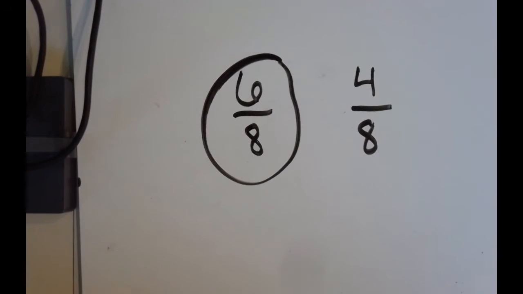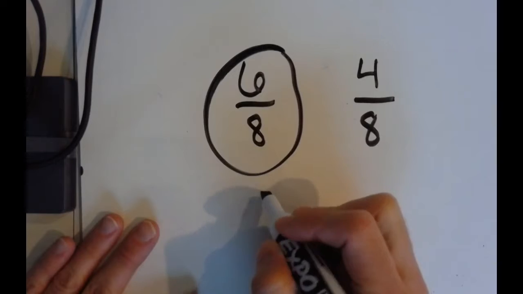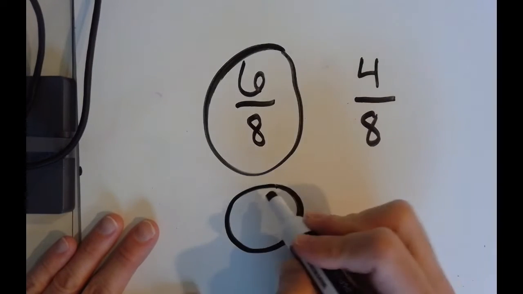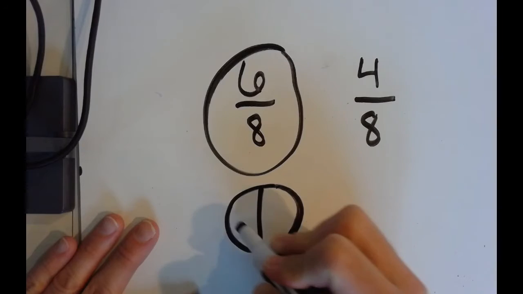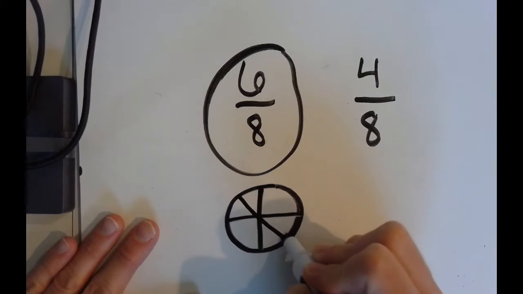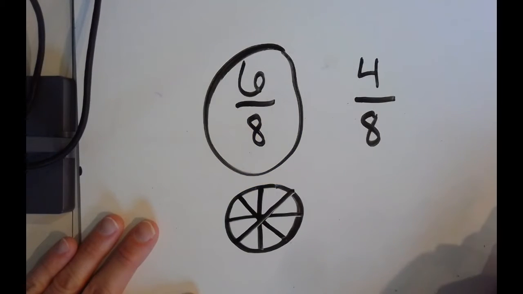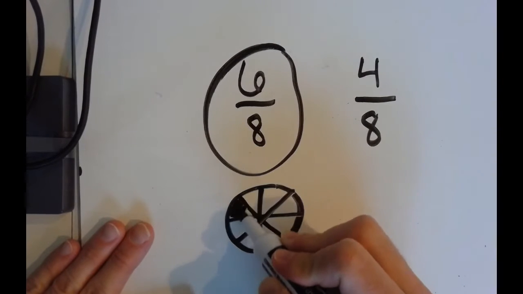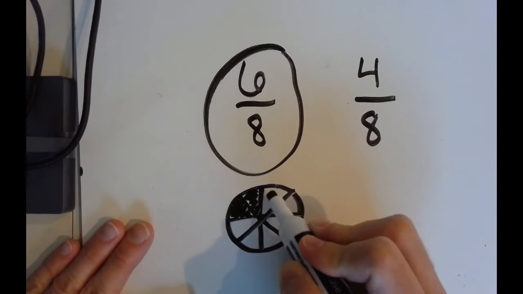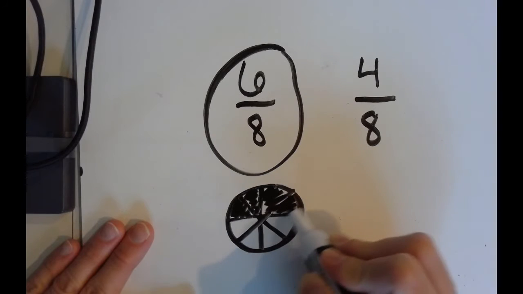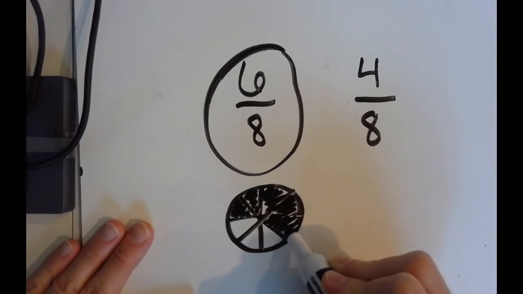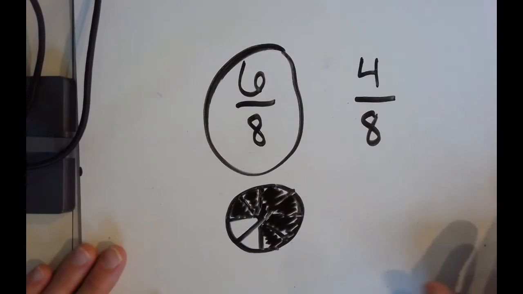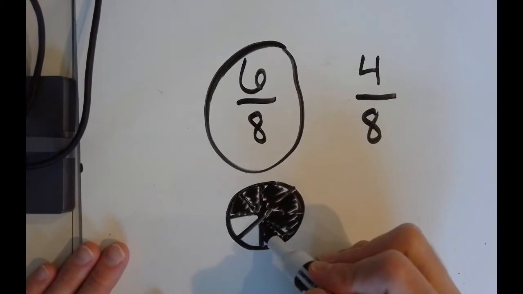And I could even draw a model to show you that. Here's my pie, cut into 8 equal pieces. I know it's not perfect because I just drew it, but 1, 2, 3, 4, 5, 6. 6 pieces out of 8 have been eaten. 6/8 of the pie have been eaten.